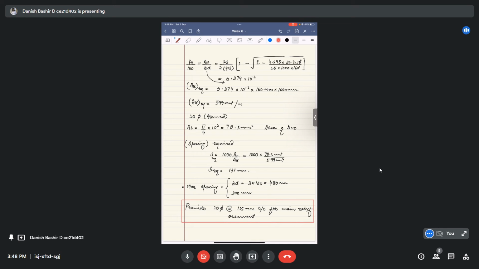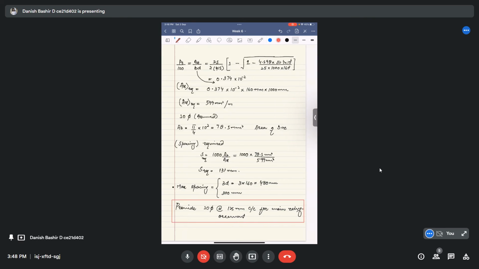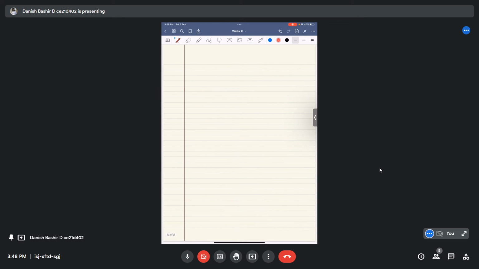Okay, now we have to go to distribution bars. Now we will go for the distribution reinforcement that we have to provide.